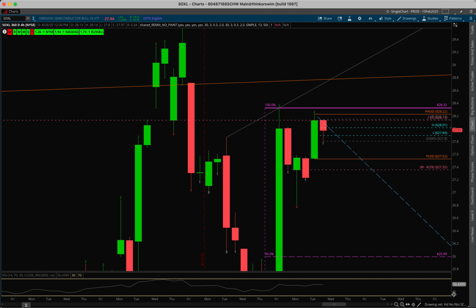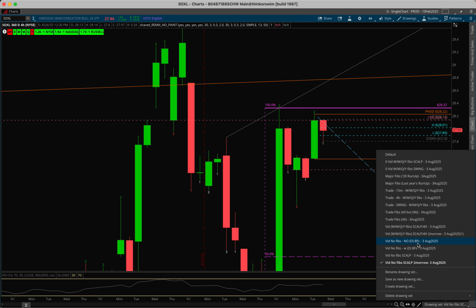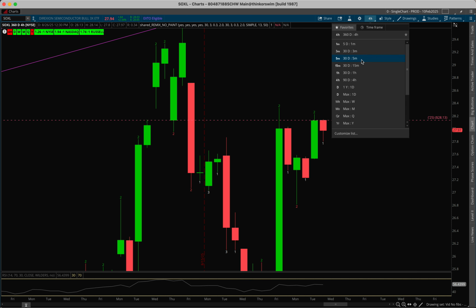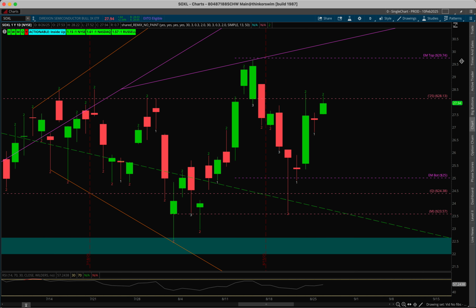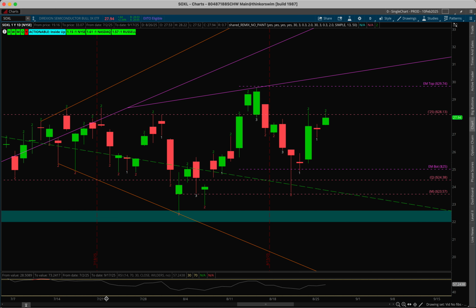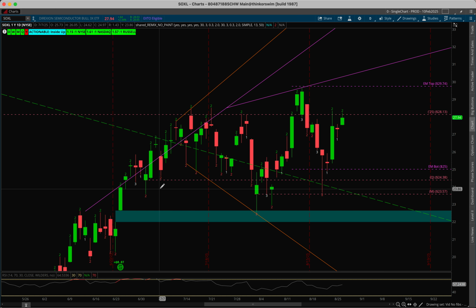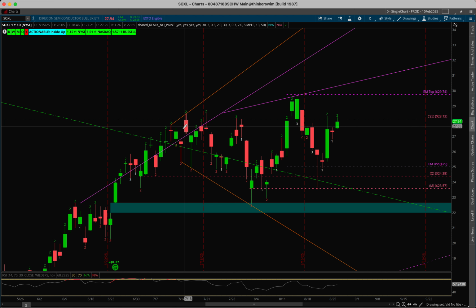Let's go ahead and look at the day chart. All right, and we can zoom back out a bit, give us some perspective. We just needed to make sure we saw the 4-hour levels. But again, we see the day here. We've got our range from 24 to 28 that we've been in for 9 weeks. If it triggers to the downside, that is a 1-2 up, 2 down.